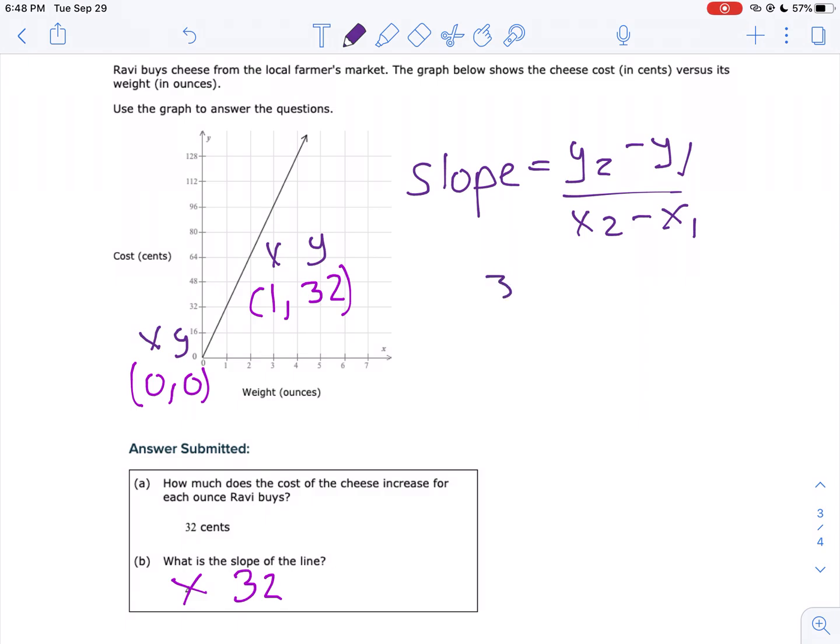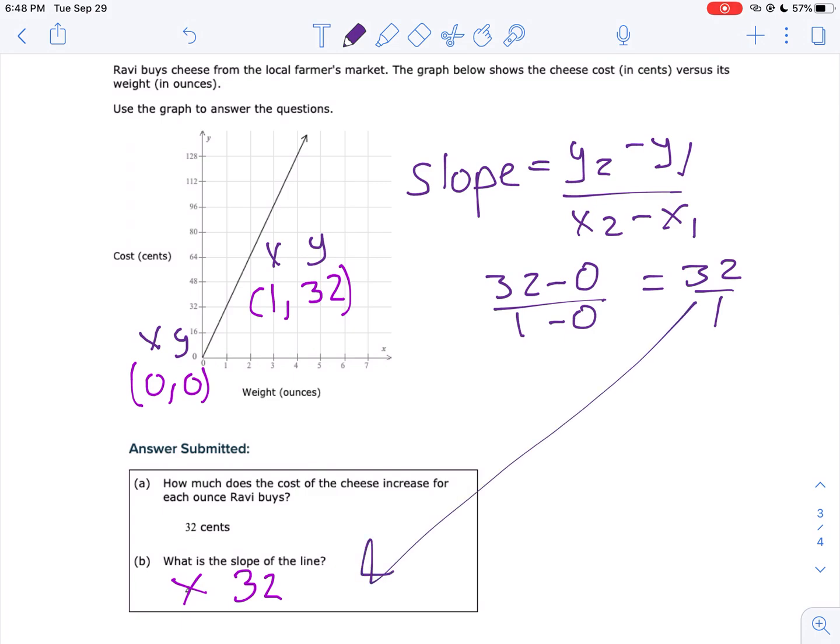We're going to go 32 minus 0 all over 1 minus 0. So you get 32 over 1, which is 32. I just don't know how you got 4. But you didn't show any work, so I don't know what you did to get that, but maybe you didn't have to show any work.